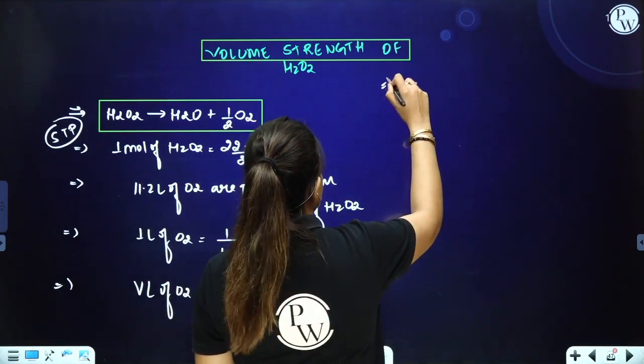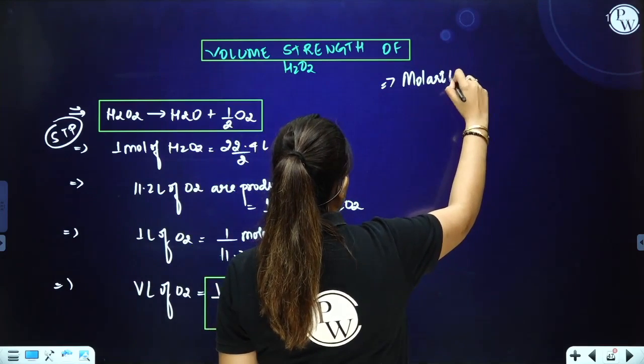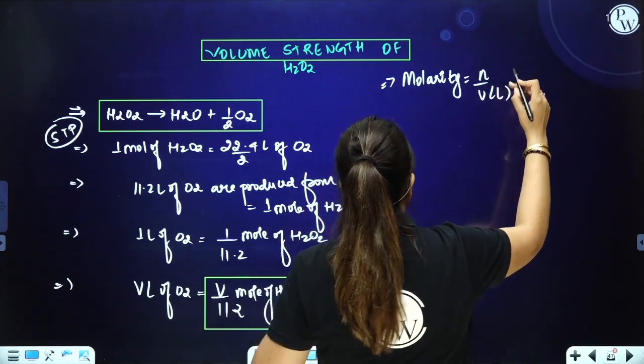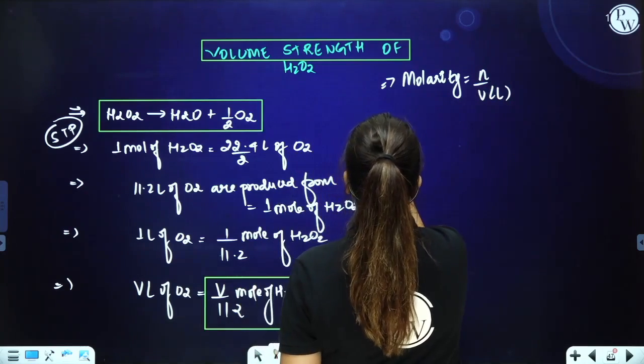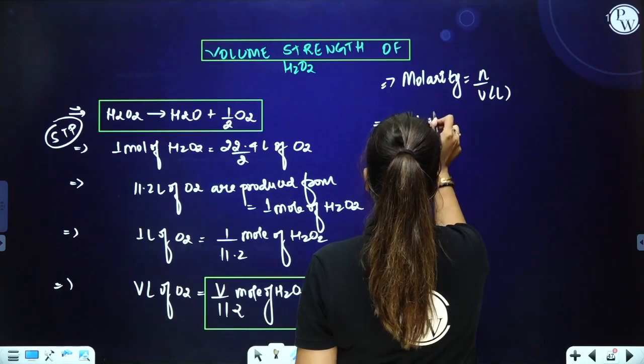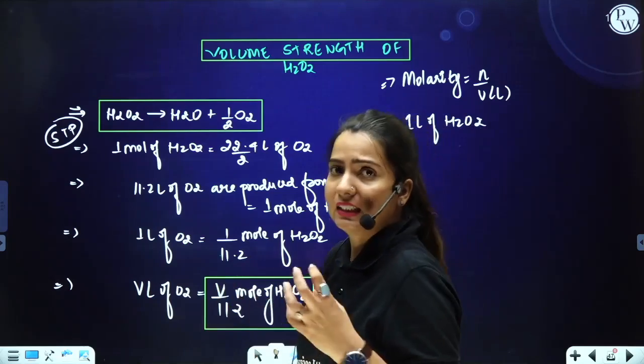So if I want to calculate the molarity, that is number of moles divided by volume of solution in liter, we are always taking 1 liter of H2O2 as our solution.